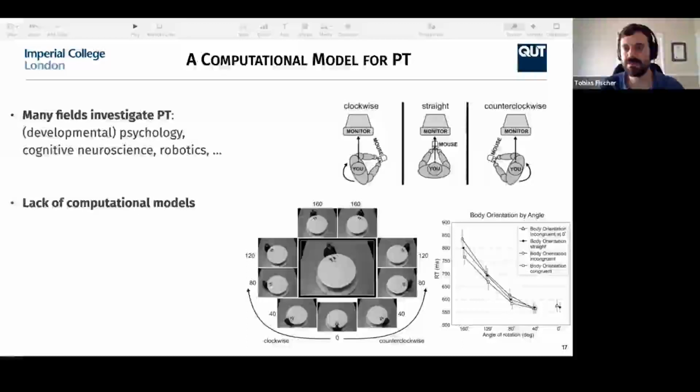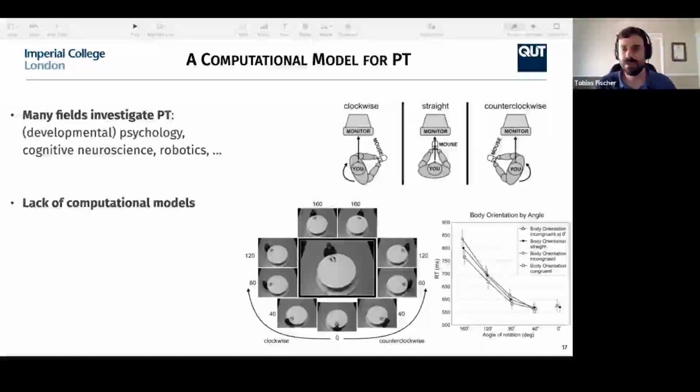What was not intuitive to me is that if you change the position of the person sitting in front of the screen, either just rotating the body to the right and still looking straight at the screen, or to the left, that has an impact on the performance as well.